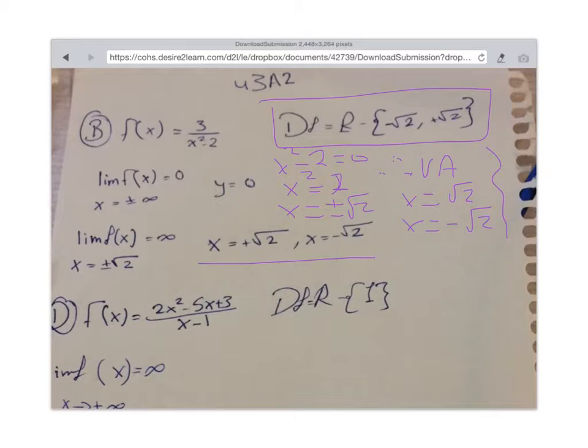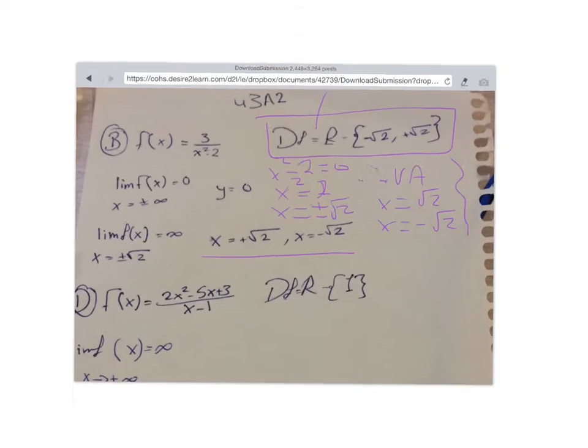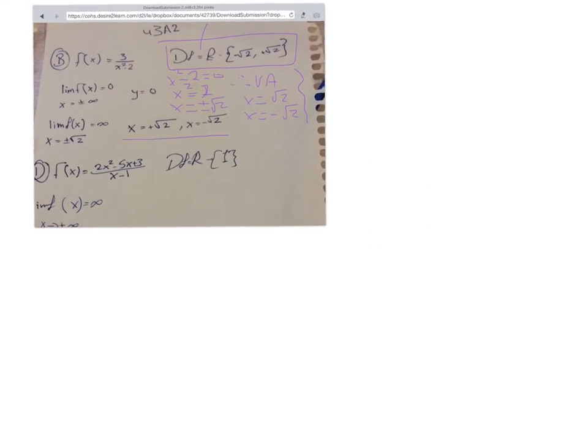So what we need to do, let me just make this a wee bit smaller. There we go. What we need to do to test our asymptotes is we're going to find the limit of the function as x approaches the asymptotes.